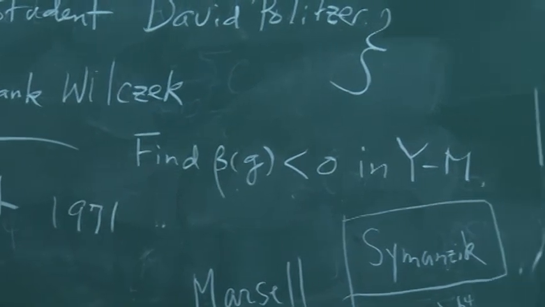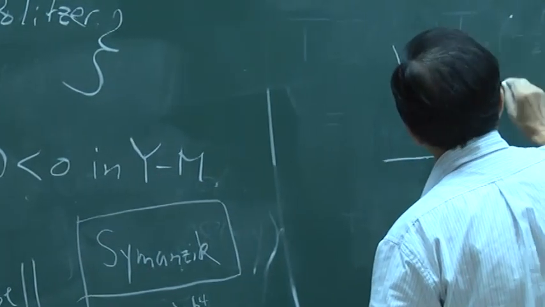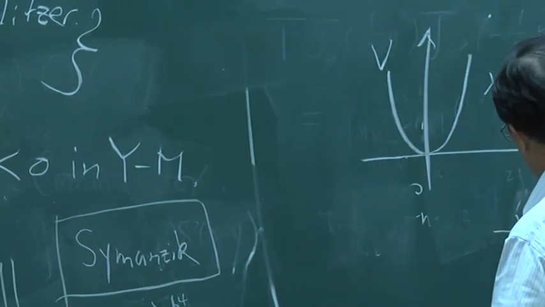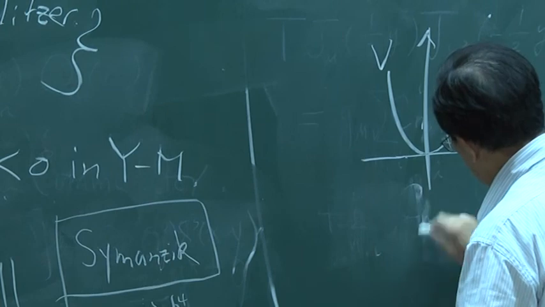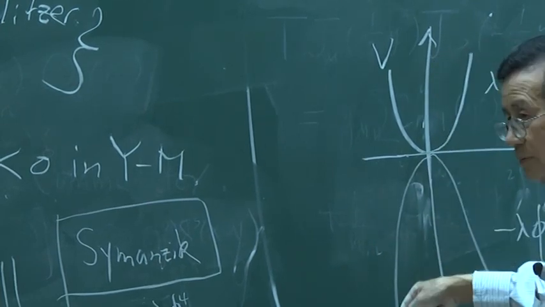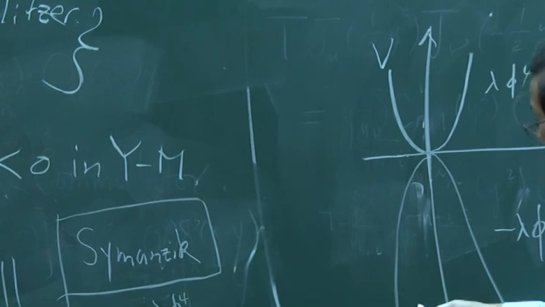If lambda phi^4 is like this, and you put the minus lambda phi^4 like this, then the potential goes like this. So there's no bottom. So the theory doesn't make sense.